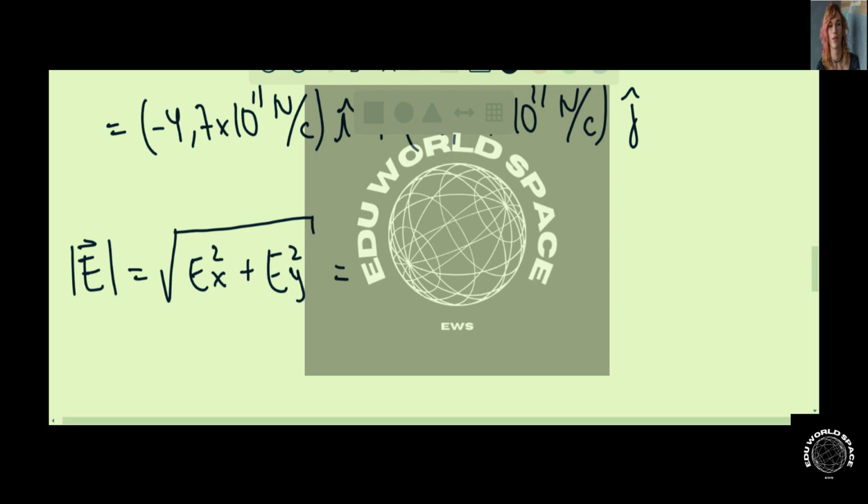So if we put the values that we just have obtained, squared, and after that we sum them and take the square root, we will have a value of approximately 5 times 10 to the 11th newtons per coulomb.